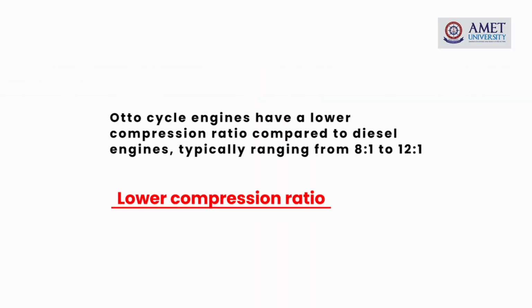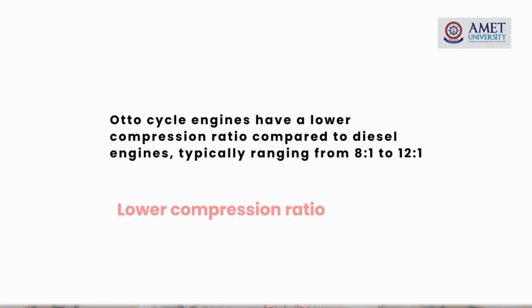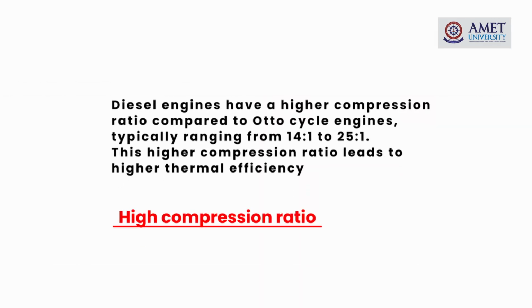The component difference for Otto and diesel is that in the Otto cycle, there is a spark plug. It ignites the air-fuel mixture. In the diesel cycle, there is a fuel injector. It injects the fuel in a vaporized and atomized state. Comparing the compression ratio, for the Otto cycle it will be around 8 to 14:1. For the diesel cycle, the compression ratio will be 14 to 25:1.